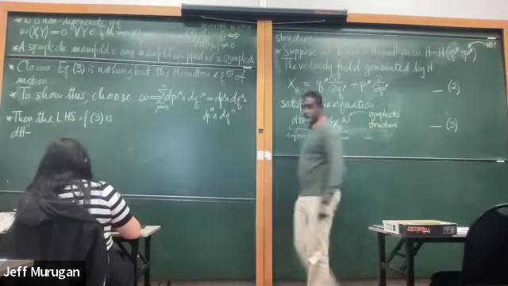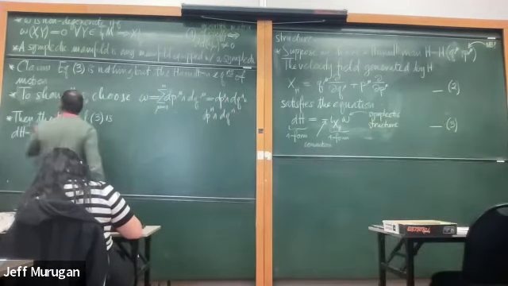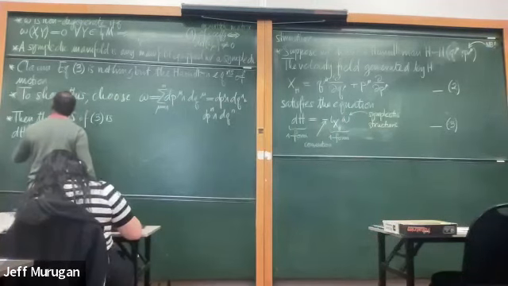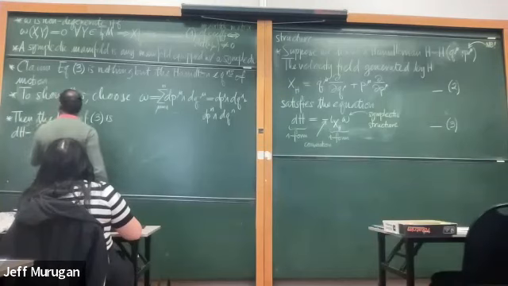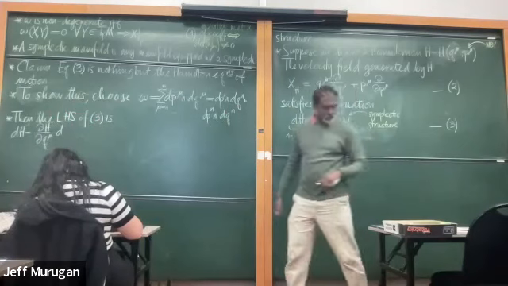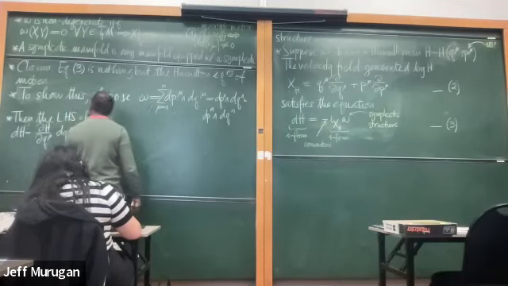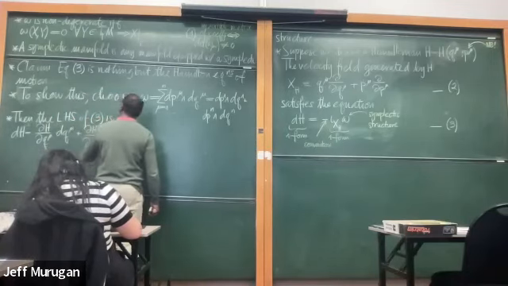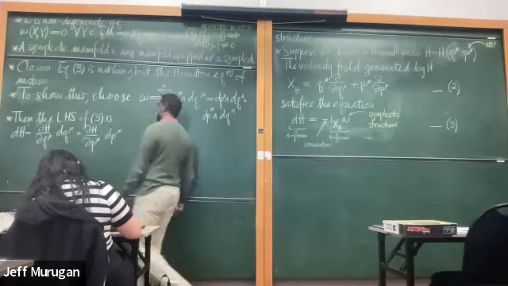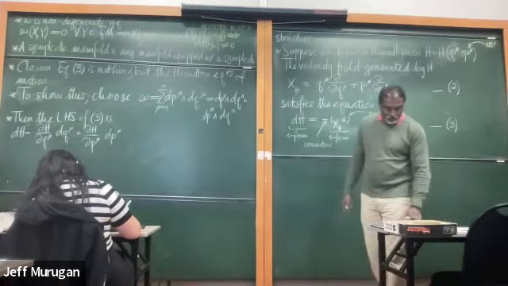And if H is a function of P's and Q's, then dH is dH by dQ mu dQ mu plus dH by dP mu dP mu. This is the chain rule applied to this function. So nothing deep about that.